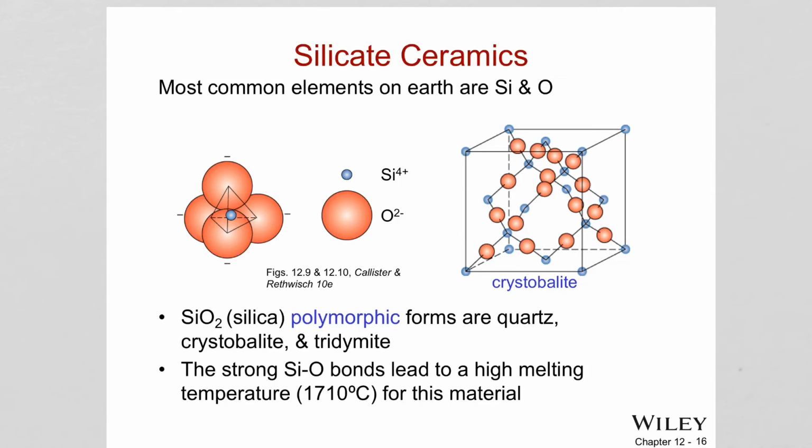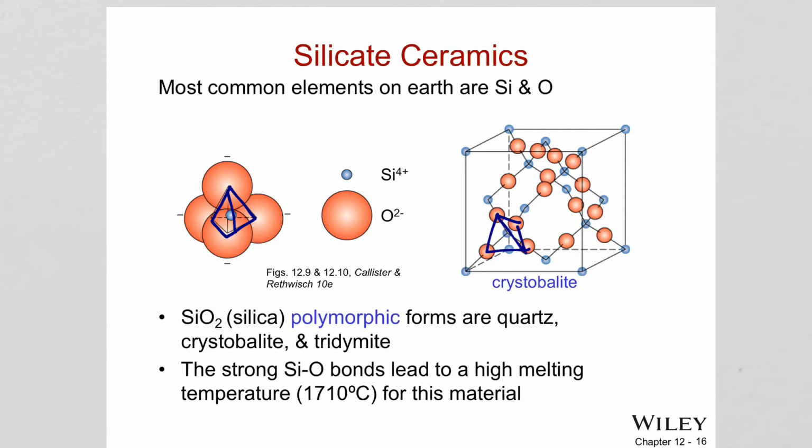Rather than describing silicates as unit cells, it is more convenient to use the arrangements of the tetrahedron. So this tetrahedron is the building unit. As you see the tetrahedron here, the corners are the oxygen anions, and in the middle of these oxygen anions there is the silicon cation.